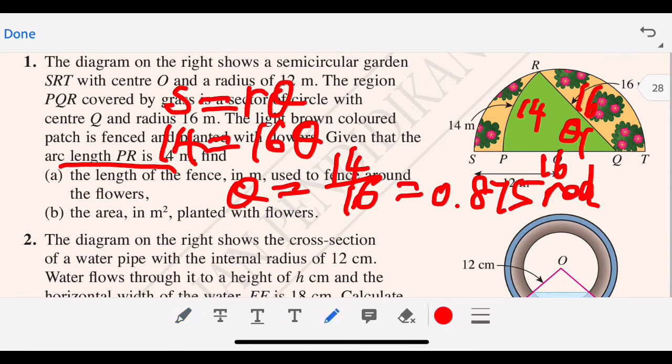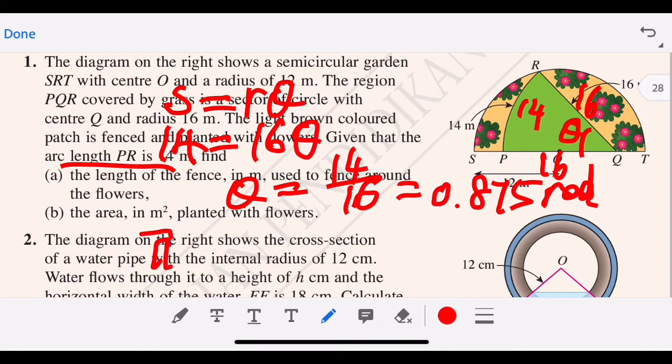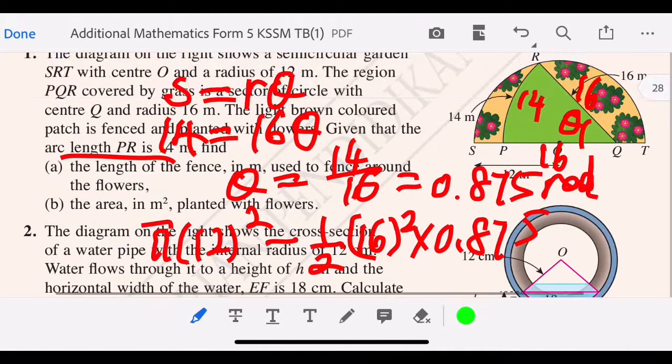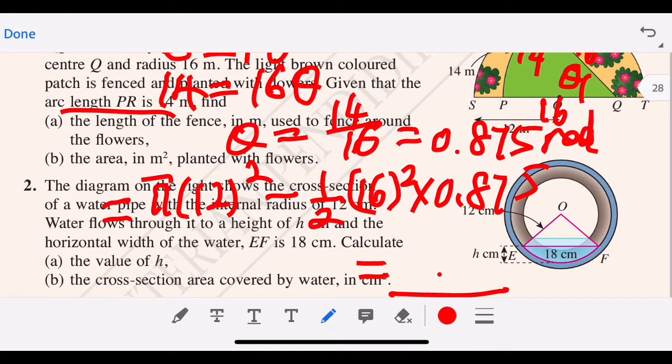Then you take the semicircle, pi r square, and minus out half r square, which is 16 squared, times the 0.875, which is the angle in radian. This is the area in meter square planted with flowers.